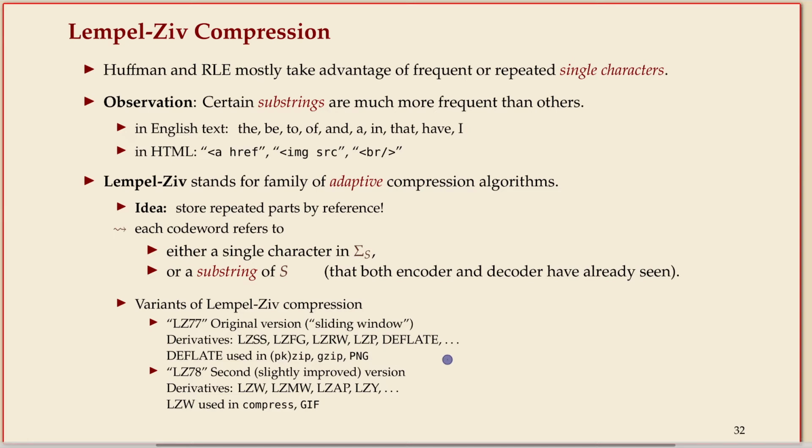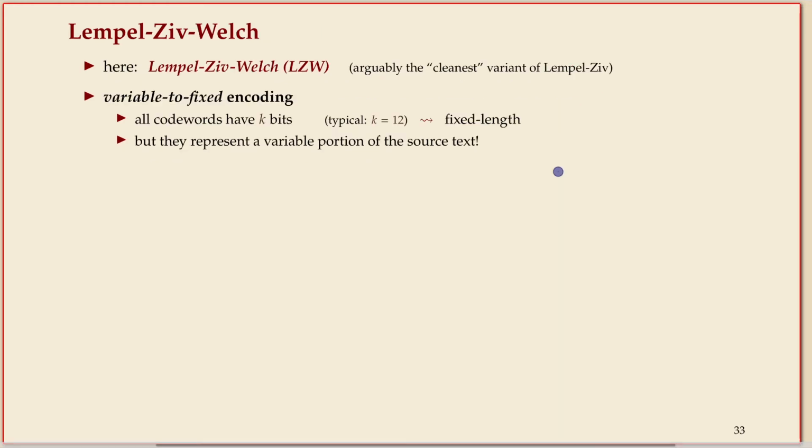I just listed these because I think they cover many key phrases you might recognize, but this is not something you need to know, which one exactly is in which program. The variant I want to discuss is Lempel-Ziv-Welch. So there's a third person who invented a part of it, whereas Lempel and Ziv were the founding fathers of the idea, if you want.